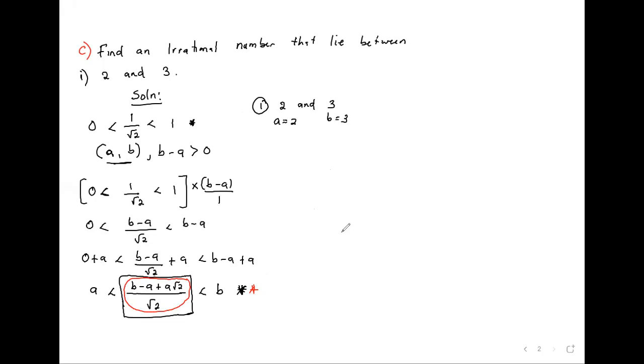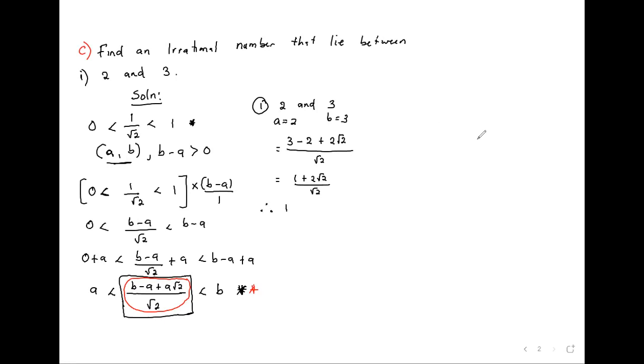And then we'll have the number 3 minus 2 plus 2 root 2 over root 2. This is giving us 2 root 2 over root 2.